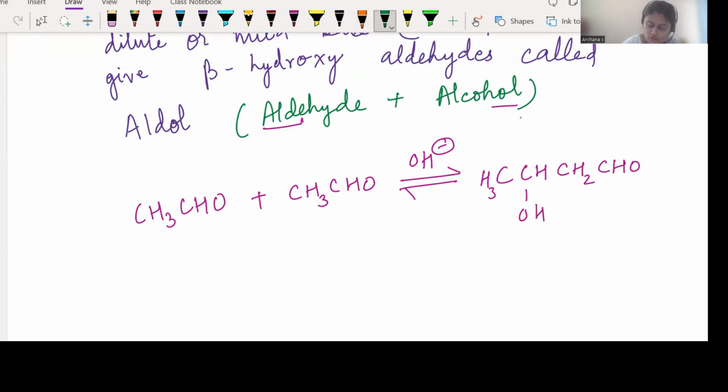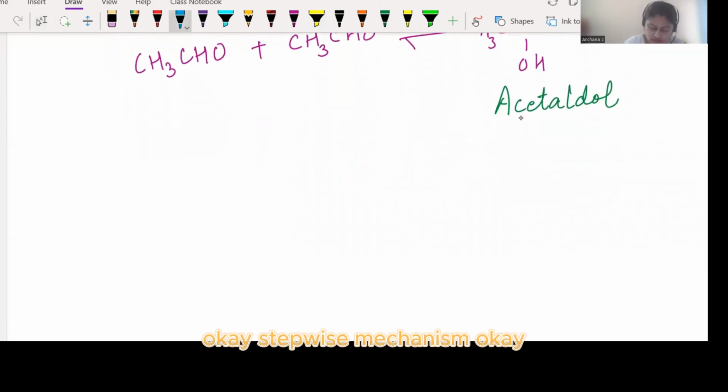This compound is known as acetaldol. Let us study the mechanism. Stepwise mechanism.